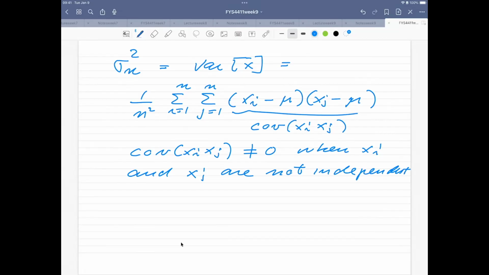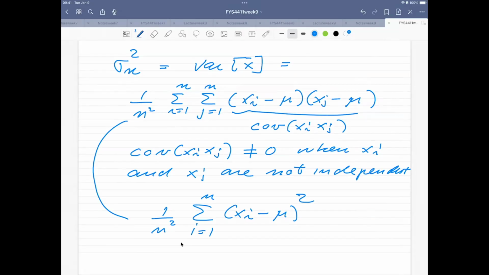Now we have to be a little bit careful because this sum here can actually be written out in terms of a single sum. If we take the diagonal elements of n squared, the sum over i, 1 up to n, of xi minus mu squared, this is just a single variance.